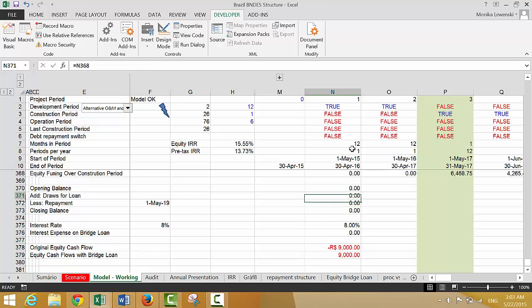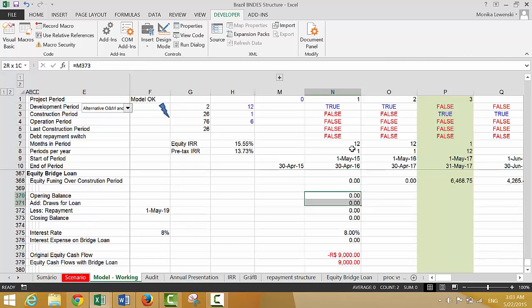And since we capitalized all the interest, it's not a big deal.